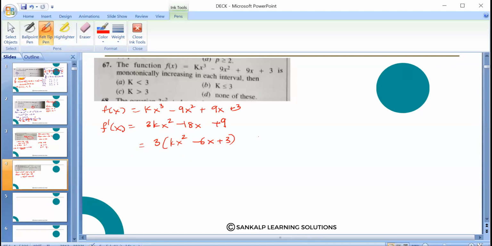Increasing means f dash should be greater than 0. 3 is already positive. So kx square minus 6x plus 3 has to be positive, as per the condition.